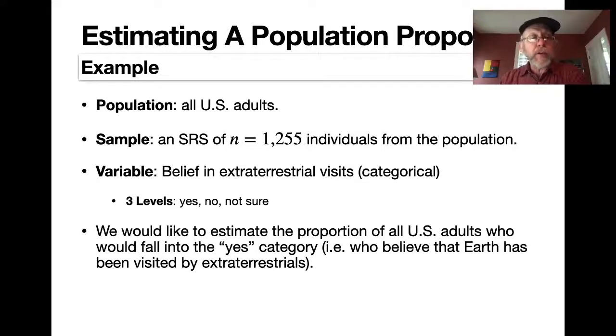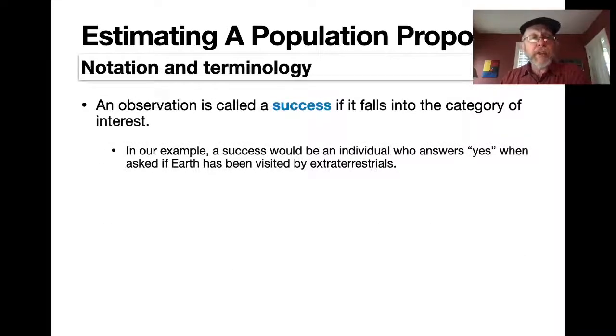And again, we'd like to use this information to estimate the true proportion of all U.S. adults who would fall into the yes category. In other words, who would believe that Earth has in fact been visited by extraterrestrials. A little bit of notation and terminology special to this kind of proportion problem.